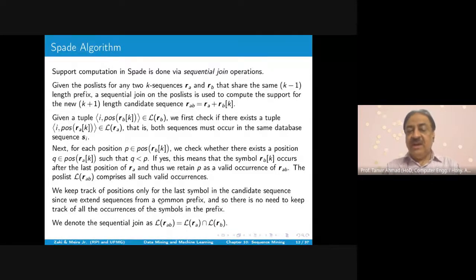Q must occur after P. That means the position of Q should be after P. If yes, this means that the symbol RBK occurs after the last position of RA, and thus we retain it as a valid occurrence of RAB. If Q is less than P, it is not valid because that symbol is not coming after P.